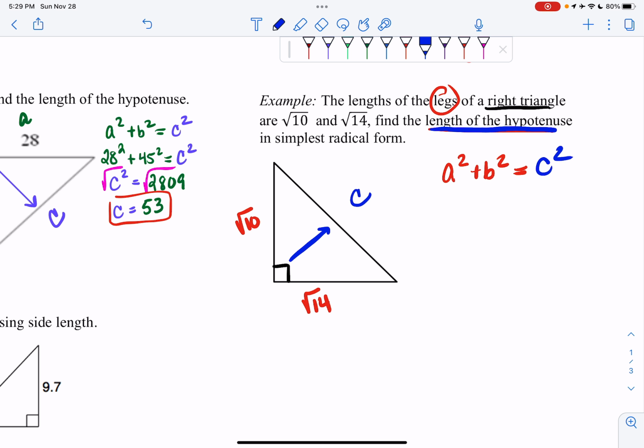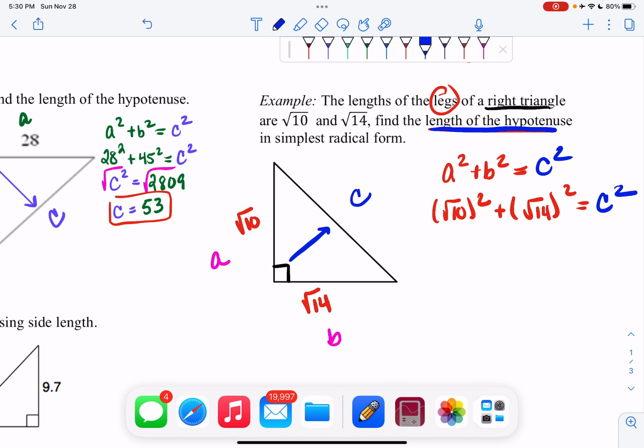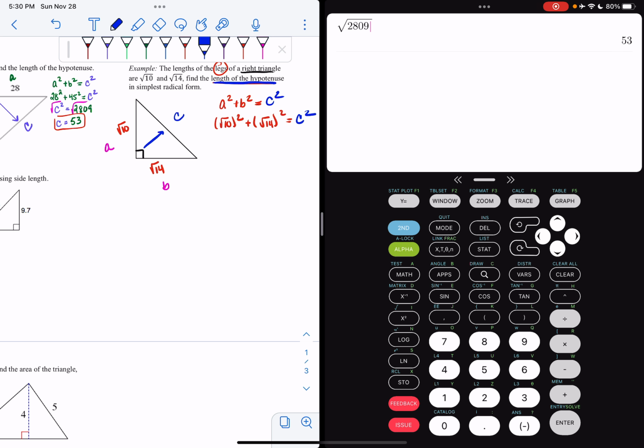So if I look, I can say that this is my A and this is my B. So I have radical 10 squared plus radical 14 squared equals c squared. So I'm going to go to my calculator and I'm going to type out radical 10 squared plus radical 14 squared, and that gives me 24.